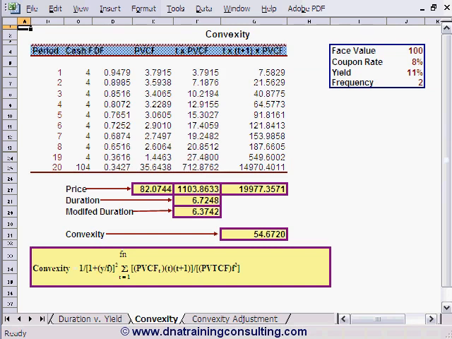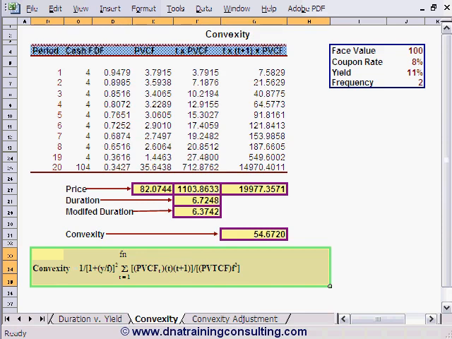The similarity of this worksheet to the one labeled duration should be apparent, which is not really surprising given the similarity between the formula for convexity, reproduced here in the bottom rectangle for your convenience, and that for duration, which by now you have probably memorized.